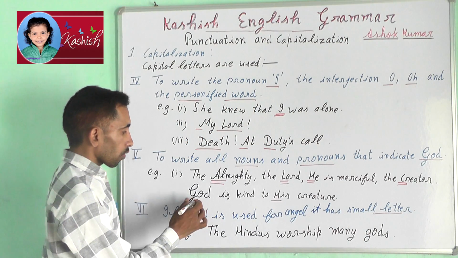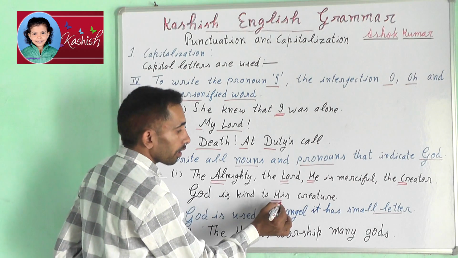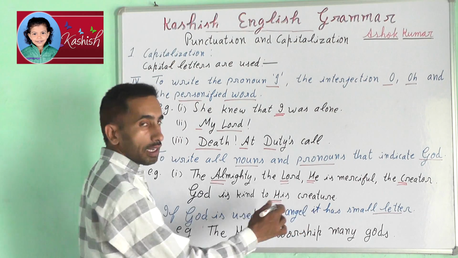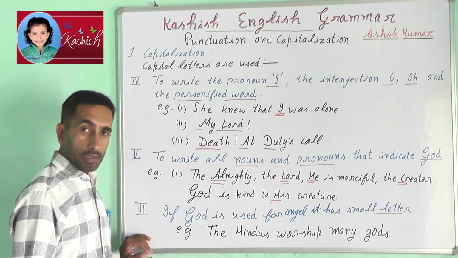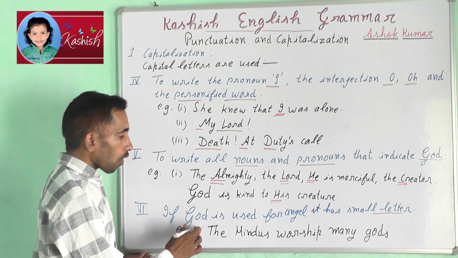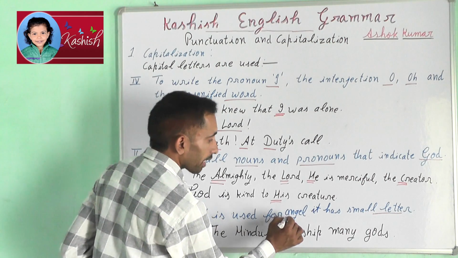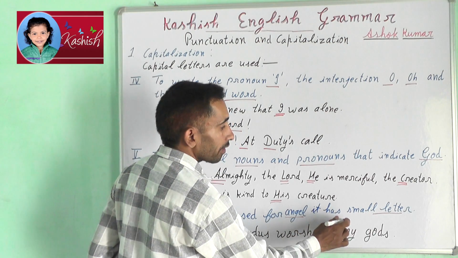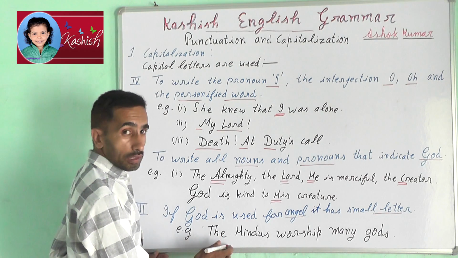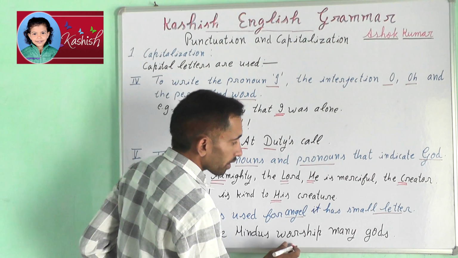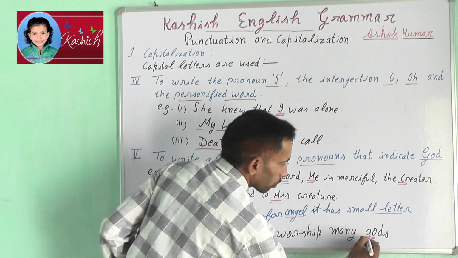Next, God is kind to His creatures. Sixth, if god is used for angel, it has a small letter. For example, the Hindus worship many gods.